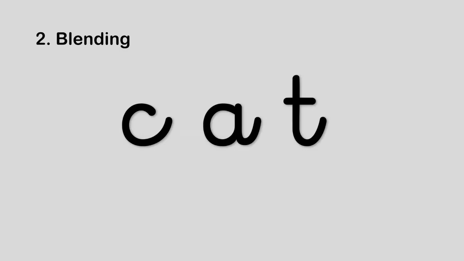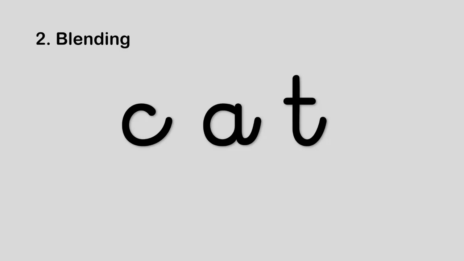Blending, just like any other skill, requires practice. Some children will pick it up very quickly. Some children will take much longer. The key is practice. So if we look at the word again, k, a, t. For some children, they will be able to hear those 3 sounds and hear the word cat. For others, they won't, not to start with.